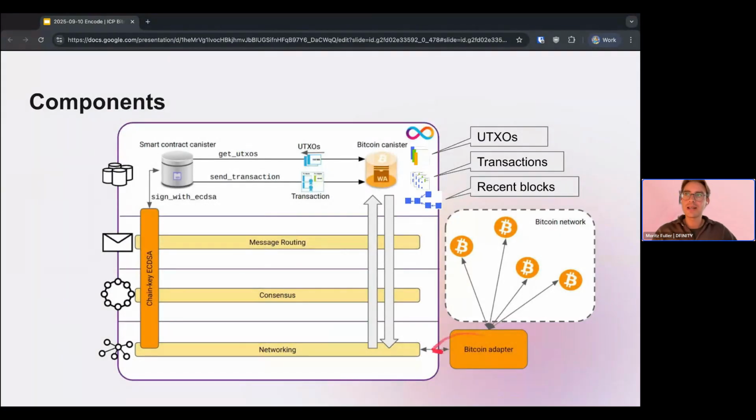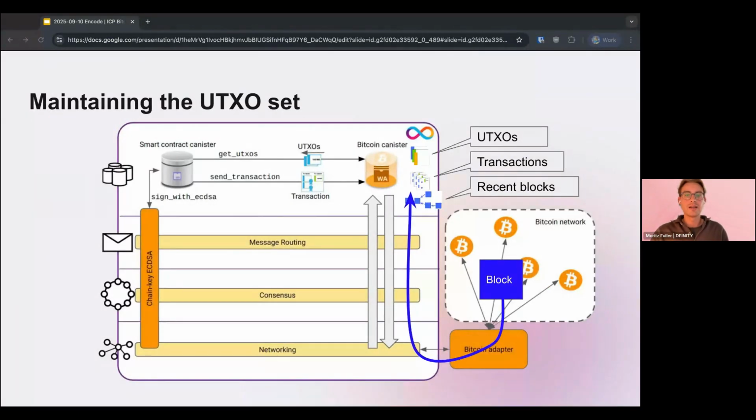And through this adapter, the internet computer can obtain Bitcoin blocks directly from the Bitcoin network, and of course also process the contained transactions within those blocks. So let's go through it.